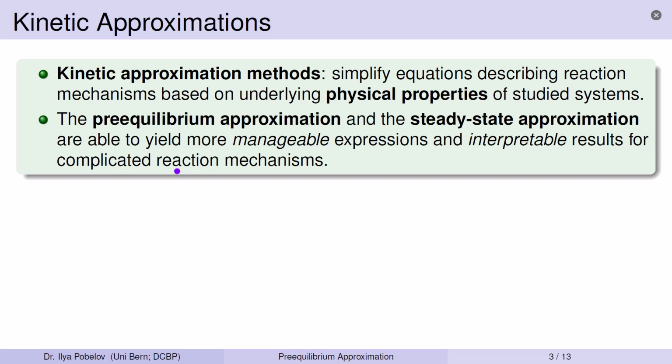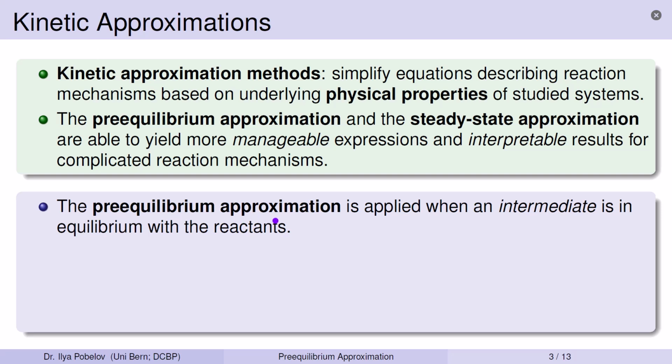Two such kinetic approaches are the pre-equilibrium approximation and the steady-state approximation. These approximation methods are able to yield more manageable expressions and interpretable results for complicated reaction mechanisms, making them more accessible for study and application. The pre-equilibrium approximation is applied when an intermediate is in equilibrium with the reactants.